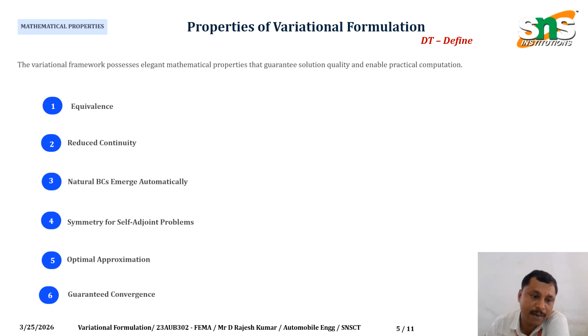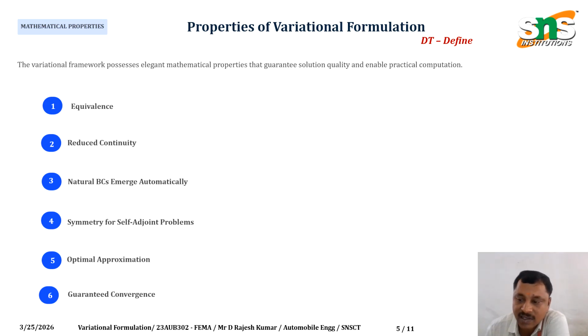Property number 4 is symmetry for self-adjoint problems. When the bilinear form is symmetric, the resulting K matrix is symmetric. For elasticity, heat conduction and many other problems, we get symmetric matrices. The next property is optimal approximation.